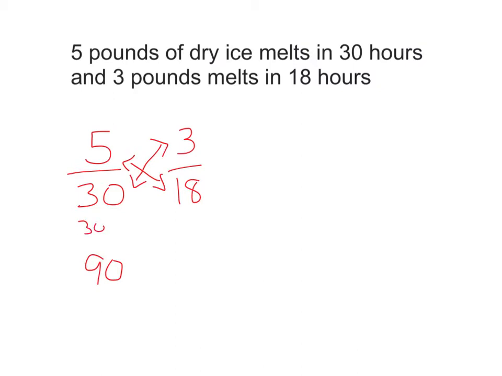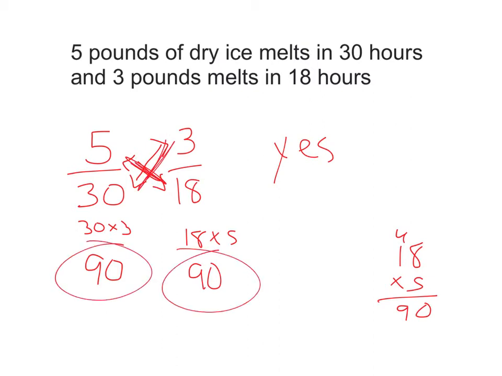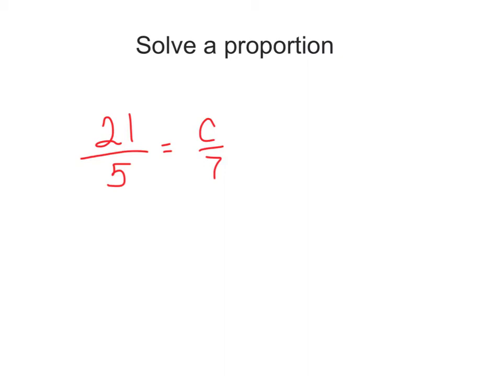Okay, so 30 times 3. And then 18 times 5. Here you can see I've done it over here. That also equals 90. So, yes, these are proportional because the cross products equal the same thing. They both equal 90.